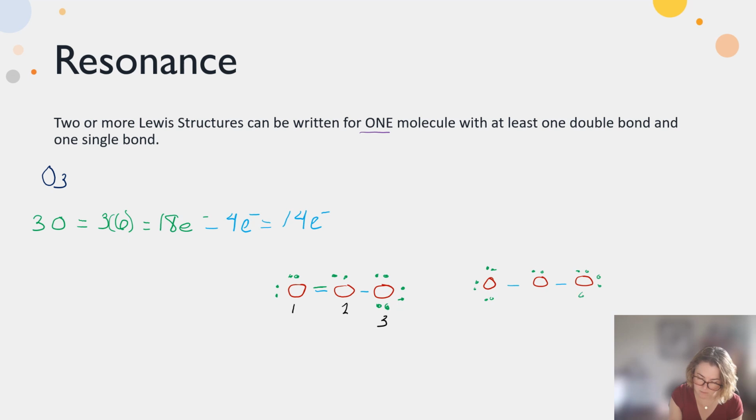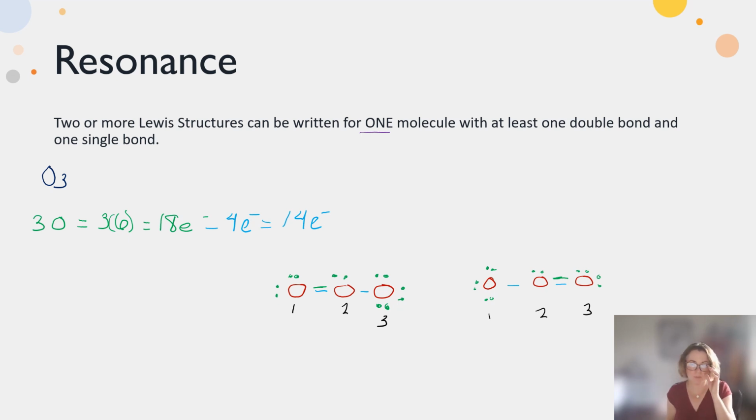And I am still going to label these as oxygen number 1, oxygen number 2, and oxygen number 3. I easily could have taken a pair of electrons from oxygen number 3 and moved them and created a double bond between oxygen 2 and oxygen 3.